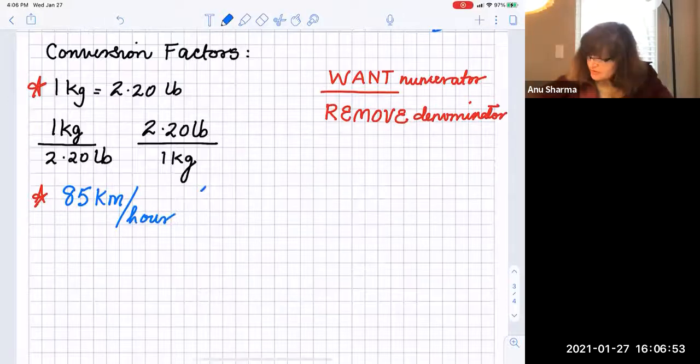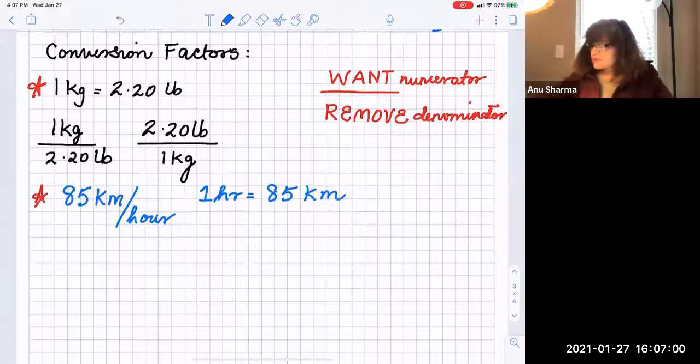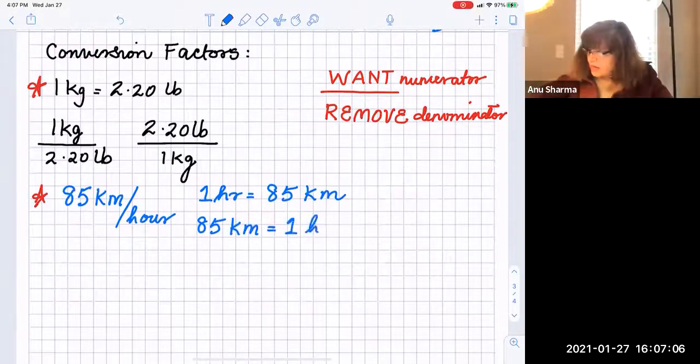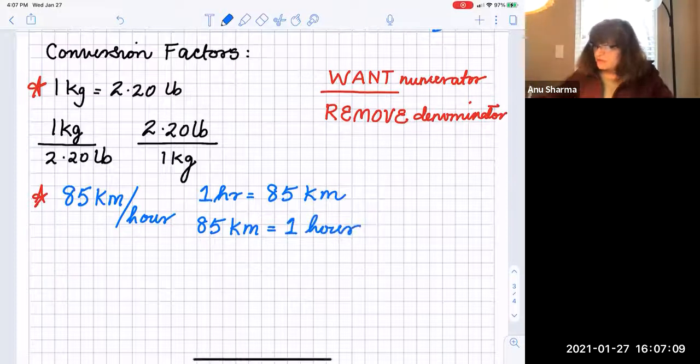So this means 1 hour is equal to 85 kilometers. And really, because it's an equality, it doesn't matter. You can also write 85 kilometers is equal to 1 hour. This is another way of breaking up this type of unit. Okay. So these two units have been equalized like this. If you have it in this formula form, then you convert it like that.